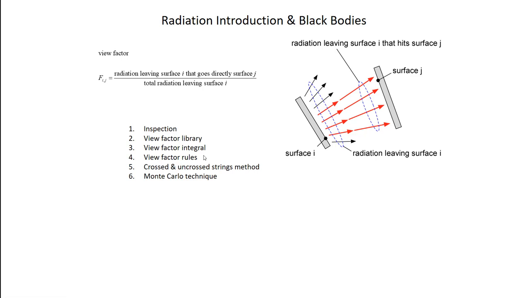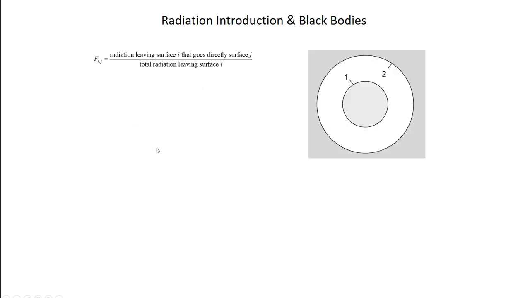So they're relationships between view factors. We won't talk about this today, but we'll come back and talk about the crossed and uncrossed strings method, which is a super useful way to get view factors for situations that are two-dimensional, or at least can be approximated as being almost two-dimensional. And then finally, this last one is a really powerful technique called the Monte Carlo technique, and we'll talk about that as well. So let's start with inspection.